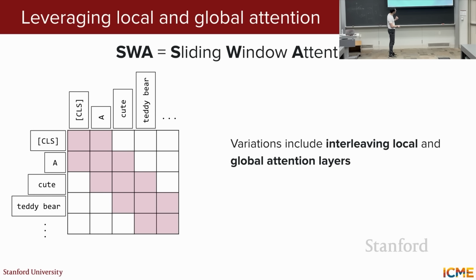Nowadays, in some layers they will have local attention, in some others they will have global attention, and they interleave these layers. Depending on the model, they typically try different combinations. There's not a set recipe, but it's typically something that is used nowadays.